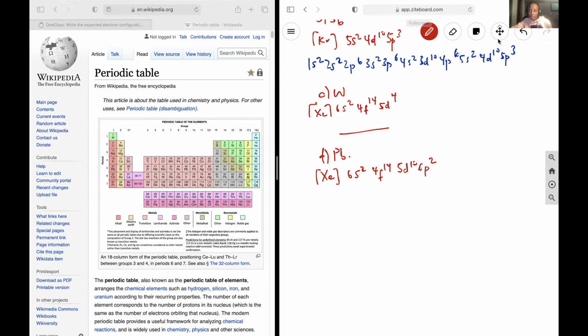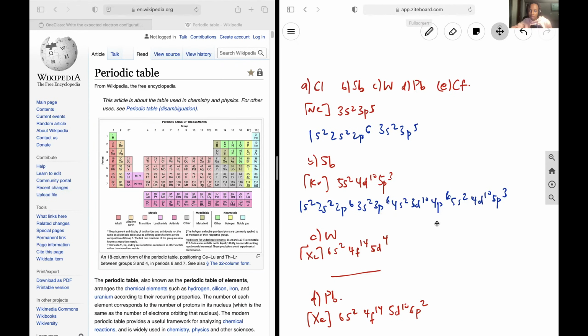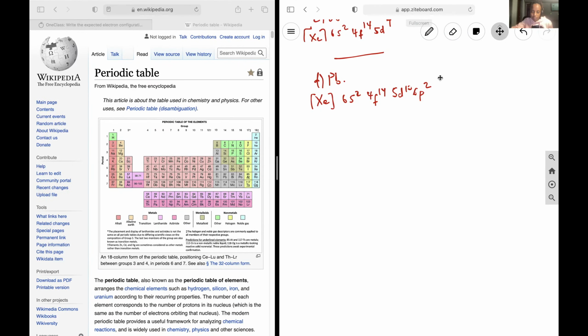And then lastly, we have Cf. So again, we're going to need to find it. And it's actually inside of the lanthanides here.